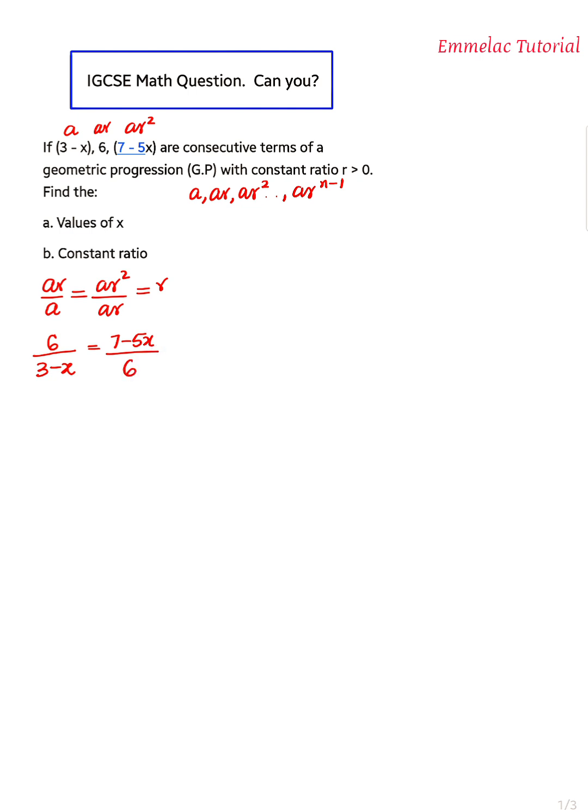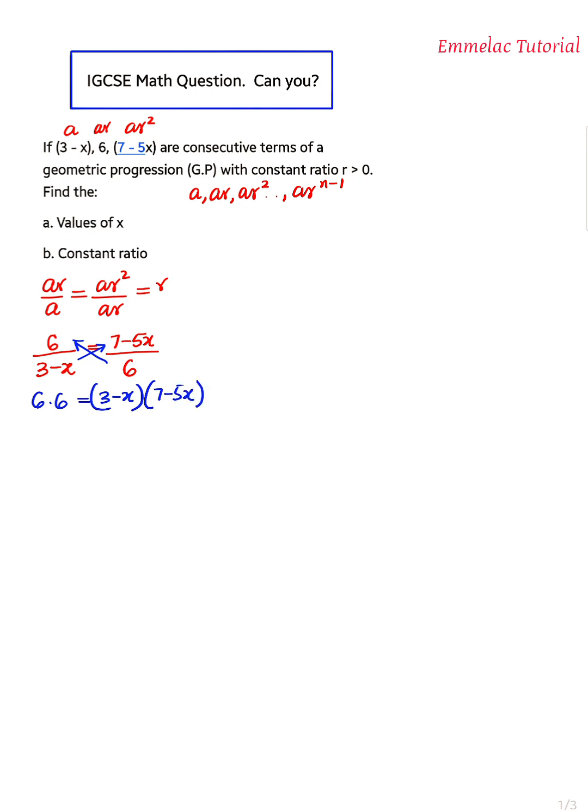So we cross multiply. Here we have 6 times 6 equals 3 minus x multiplied by 7 minus 5x.